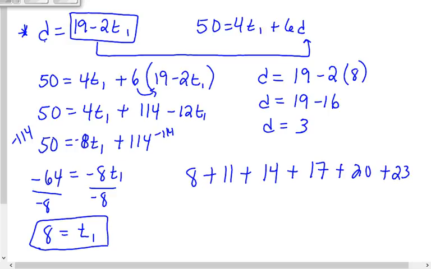Okay, the last part of the question is we want to find out what the sum of the next 20 terms is. So in order to do that, we're going to use our original equation multiplied by 2 times our first term.